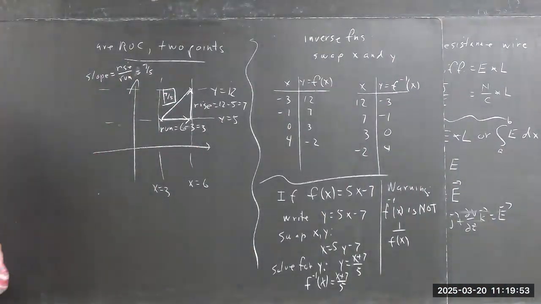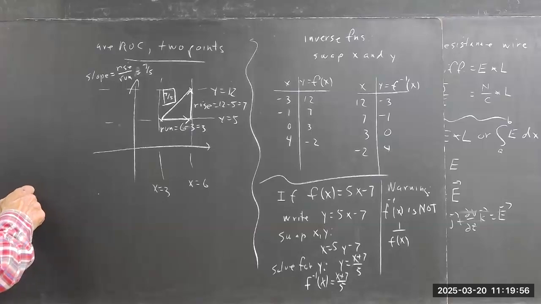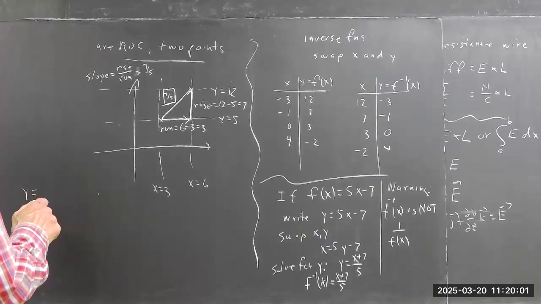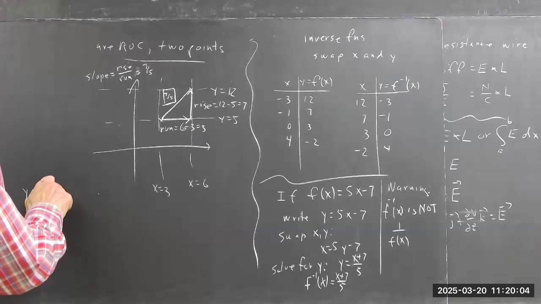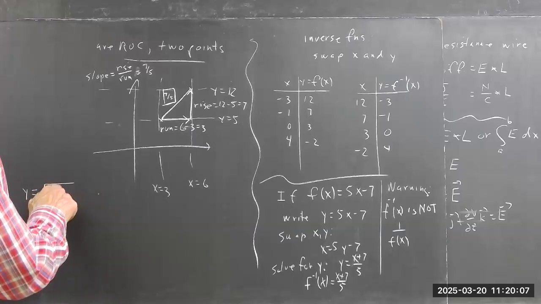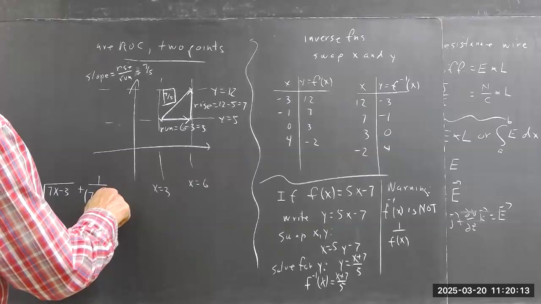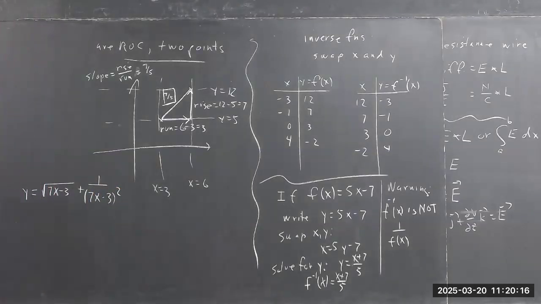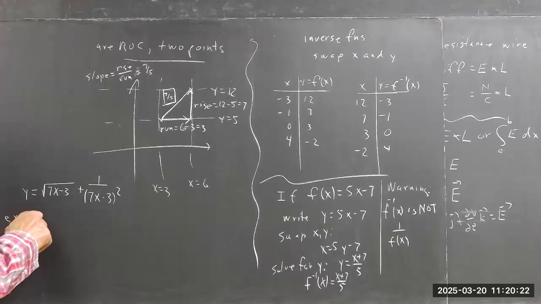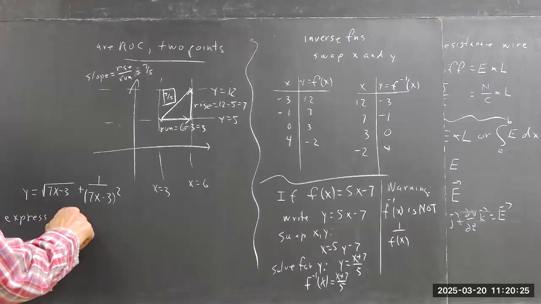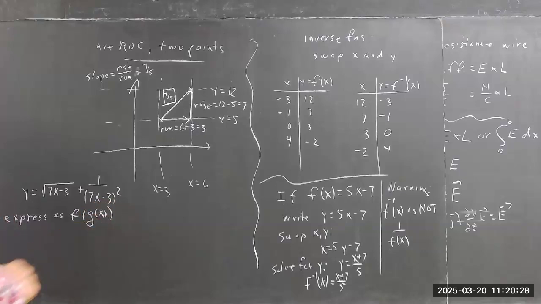So if I have y equals this, express it as a composite function, meaning, tell me what f of x is, tell me what g of x is.